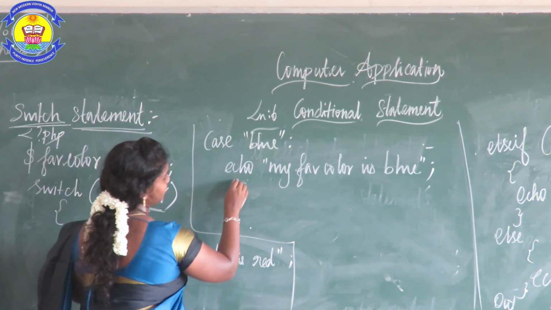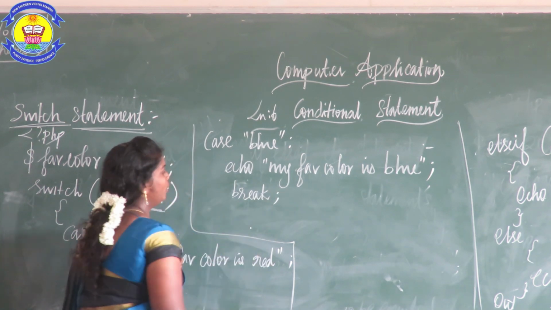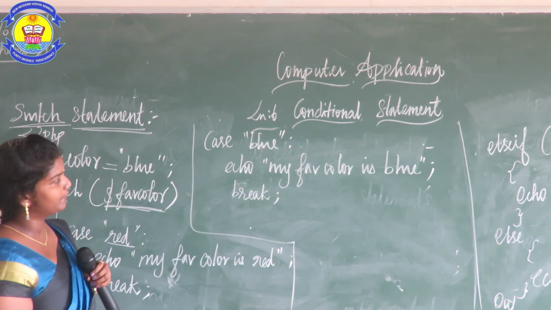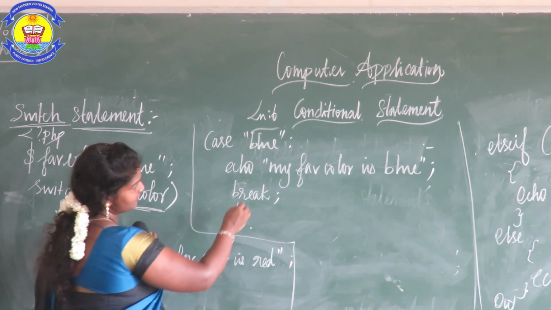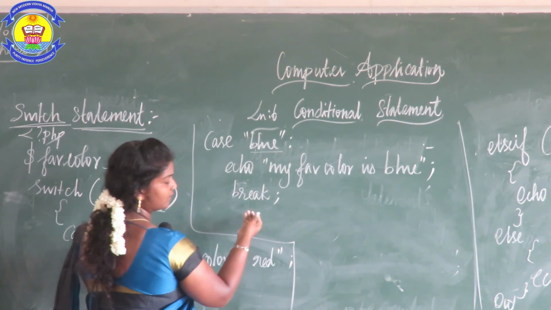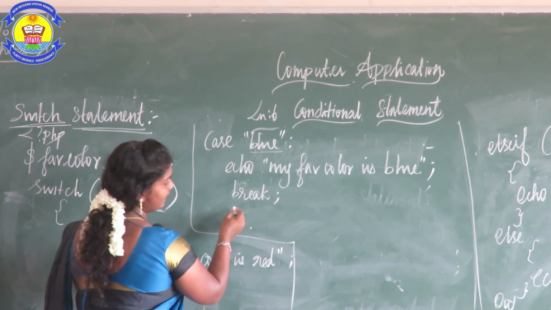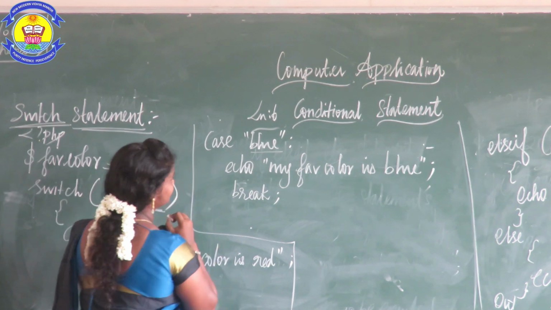Okay, and then again I'm going to give a break statement. Why are we using a break statement? If the color is matched and it prints this line, it will terminate this block of code. That's why I'm going to use a break.